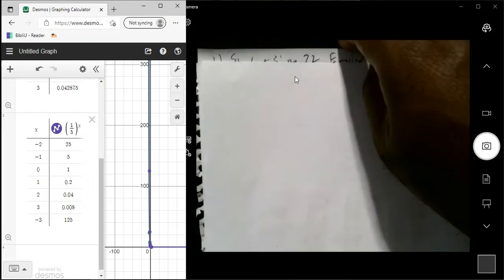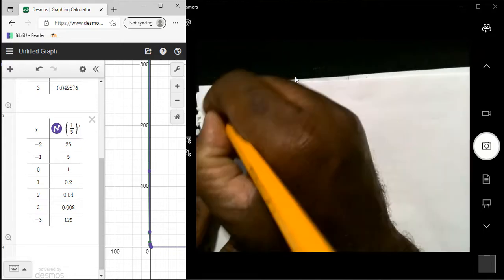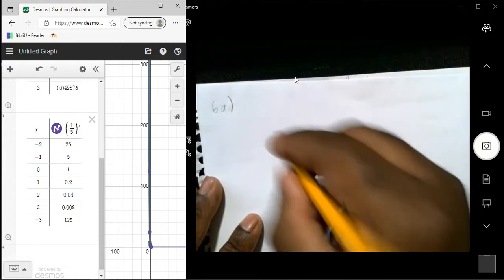It says determine the domain and range of each of the following exponential functions. Now you have to look in your book, but I would do a general sketch here.